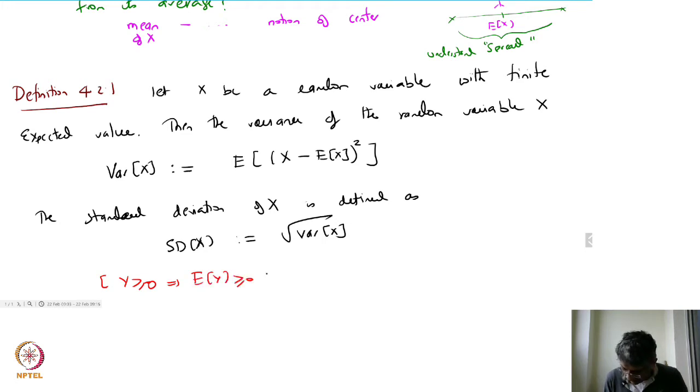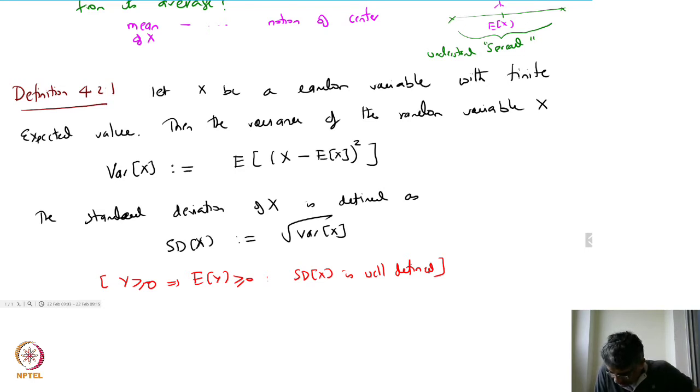So if you notice this quantity here in the variance, SD is well defined, because I am squaring x minus E of x, that's a non-negative number, so I can take the square root. Very good.